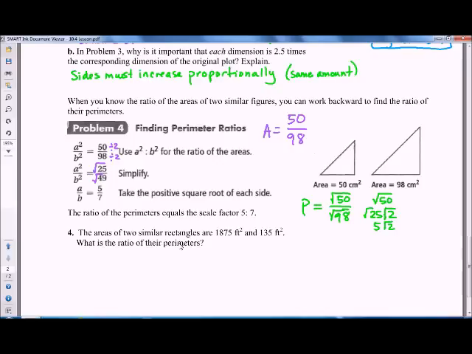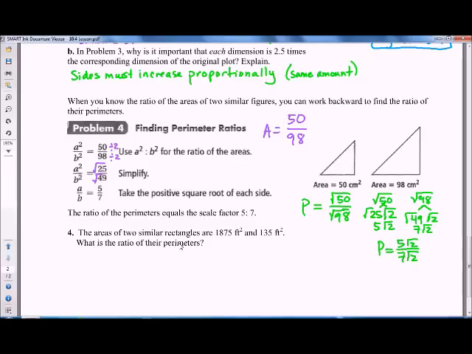If I want to simplify the square root of 98, that factors into the square root of 49 and the square root of 2. You really had to check some perfect squares to find that one. And I get 7 root 2. So my perimeter ratio is now 5 root 2 over 7 root 2.